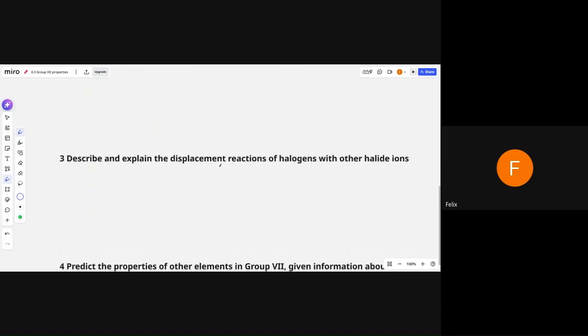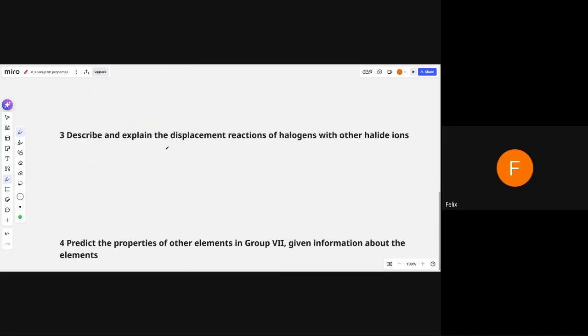So now the next question is topic number 3. Describe and explain the displacement reactions of halogens with other halide ions, right? This is something where students make a lot of mistakes, and they struggle understanding this.